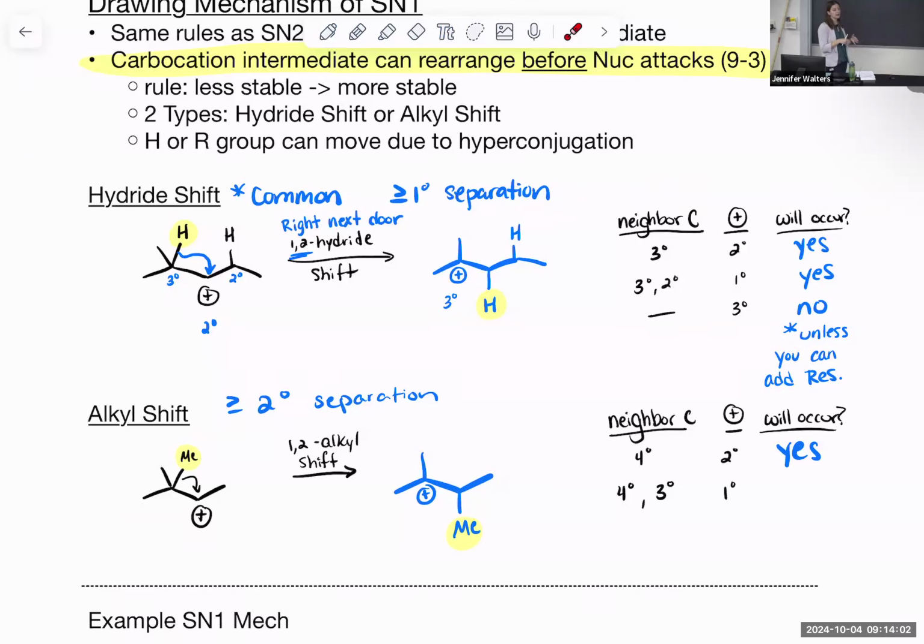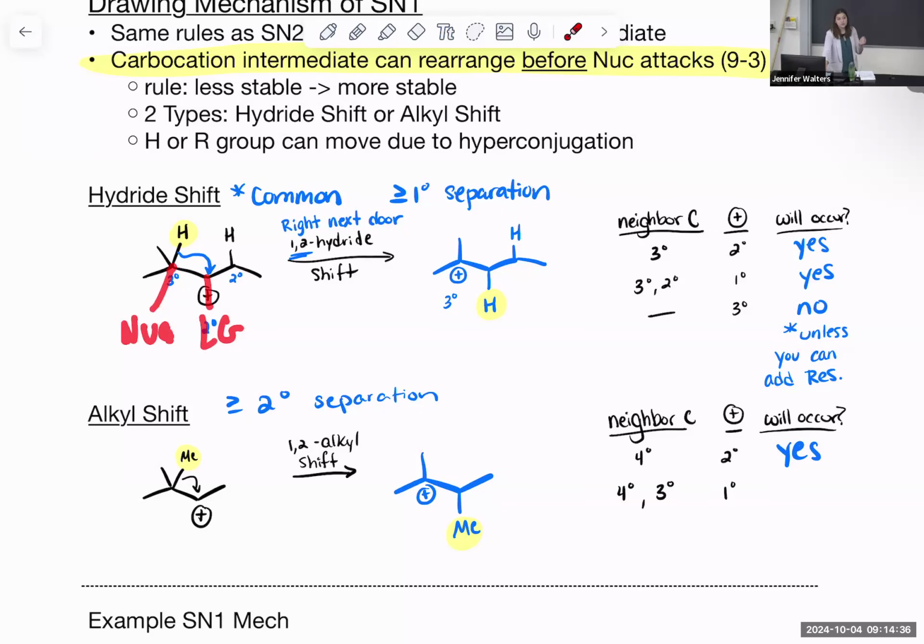If your nucleophile is attached to a different carbon than where your leaving group was located, that means you had a rearrangement. Otherwise, if your leaving group was here, your nucleophile would just attack there. The fact that your leaving group was there but your nucleophile ends up here means you had to do a rearrangement for your nucleophile to be attached to a different carbon than the one with the leaving group.